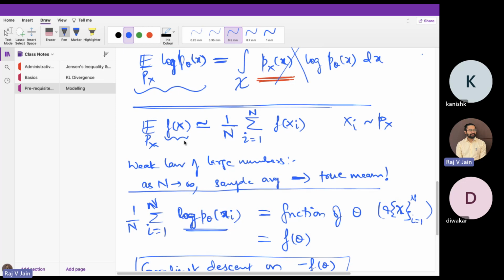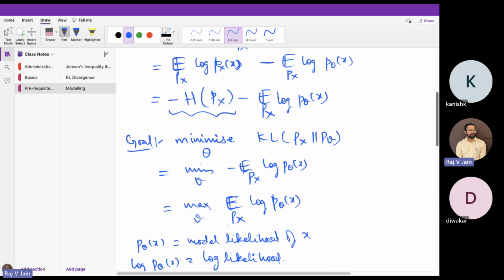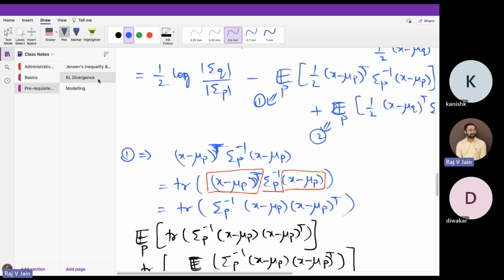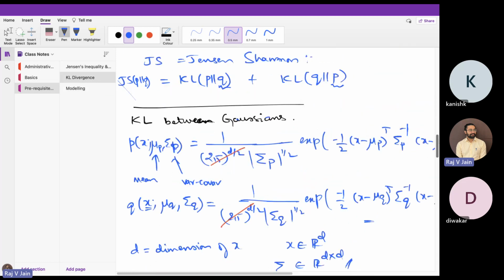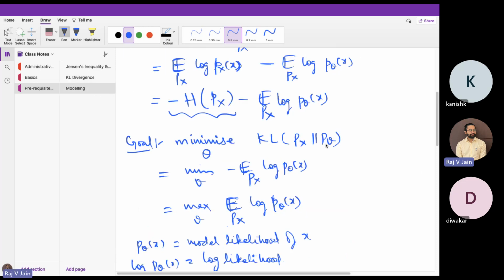That is the approximation to the actual expected model log likelihood, which, if you maximize, is equivalent to minimizing the KL divergence between Px and P theta. We know from KL divergence properties that if the KL divergence between Px and P theta becomes 0, you will end up having P equal to Q. That is, your model will become exactly equal to Px.